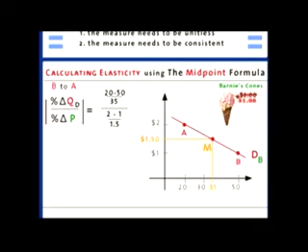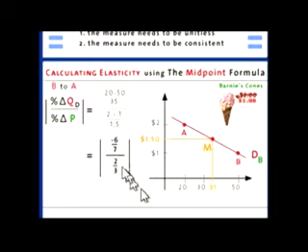So if you take 20 minus 50 and divide by 35, this time you get negative 6/7. In this case, the new price is $2 a cone and the old price is $1 a cone. 2 minus 1 is 1, divided by 1.5 gives us 2/3. This time we've got negative 6/7 divided by 2/3, the absolute value sign gets rid of the minus sign, and once again we have 1 2/7.